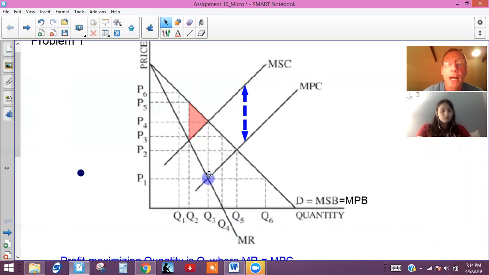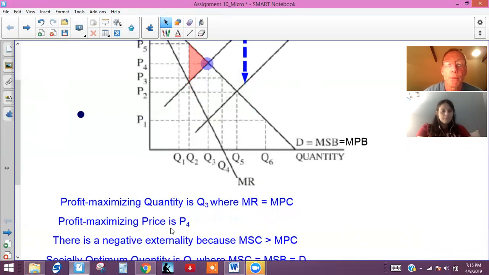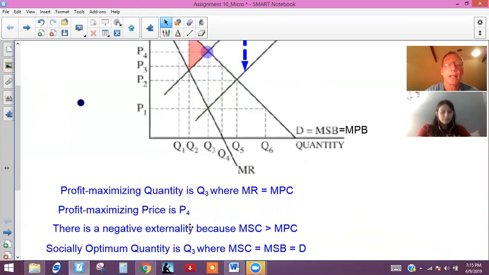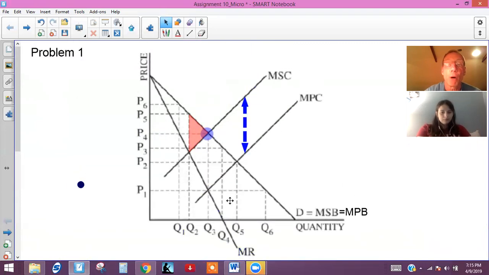And then from there you move up to the demand curve, and you look at the price of P4, okay? So we're going to have a price of P4. And we know there's a negative externality because we've got a marginal social cost that's above marginal private cost.